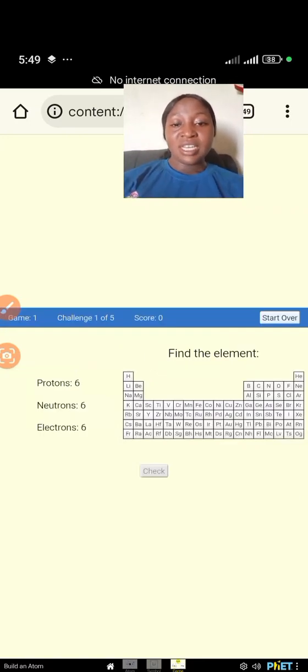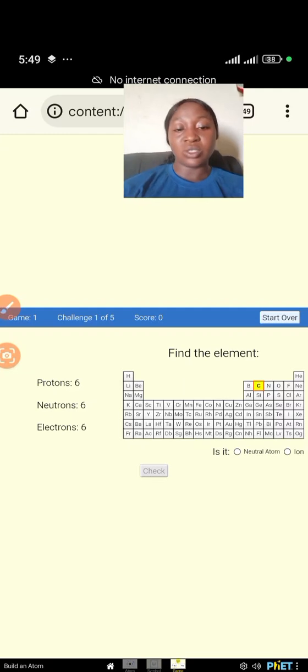Okay, the game is saying if you have 6 protons, 6 neutrons and 6 electrons, what is the element? I told you that the atomic number is determined by the number of protons, and the mass number is determined by the number of protons and neutrons.